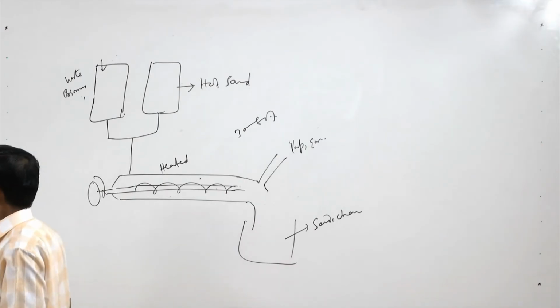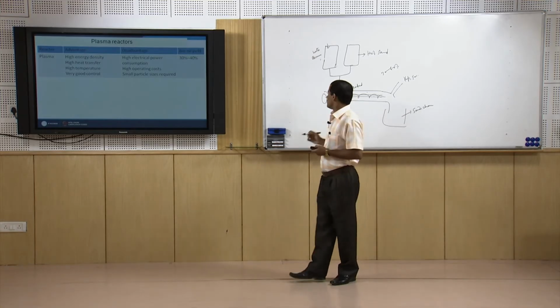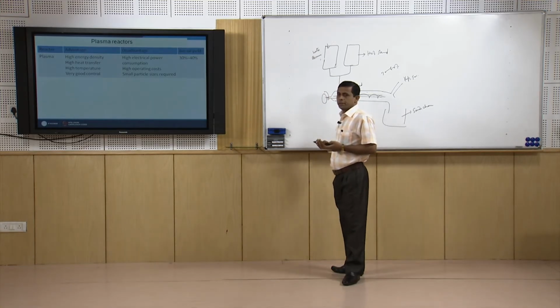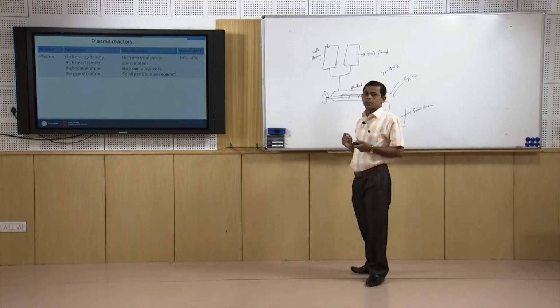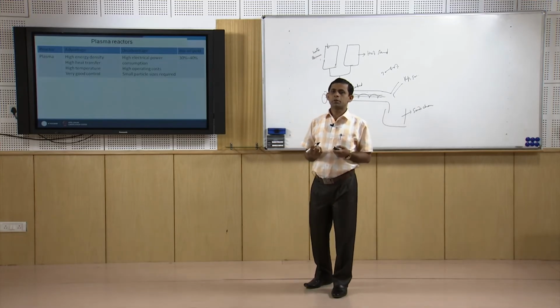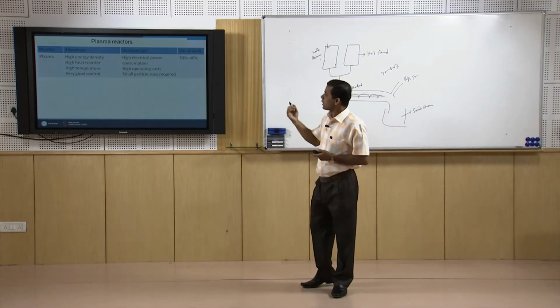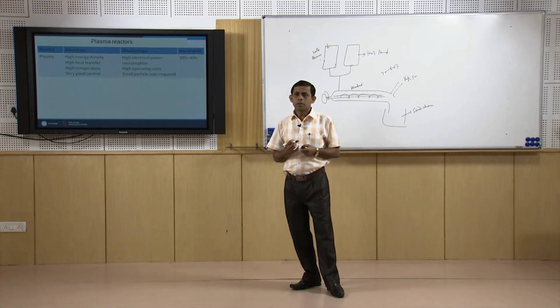Next we will go on to plasma reactors. After ablative, rotary cone and this screw reactor, people are trying to develop new types of reactors which may be more efficient. Just like plasma gasification, a plasma pyrolyzer is also being attempted.